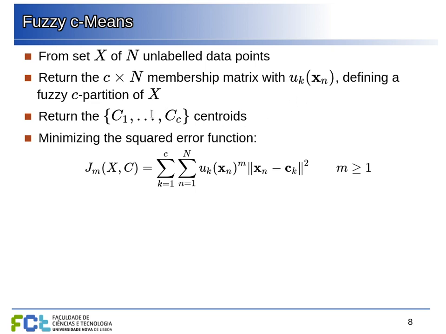We also need the centroids of these C clusters, so we'll have a set of C vectors with all the centroids for the clusters. And the criterion for computing these centroids and membership values will be to minimize this squared error function.